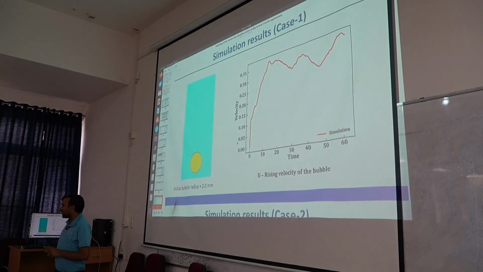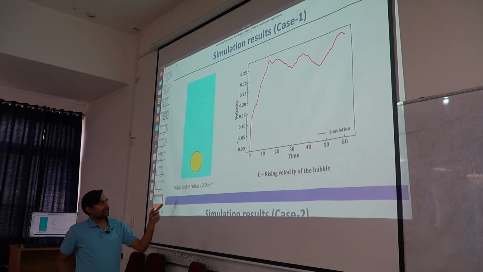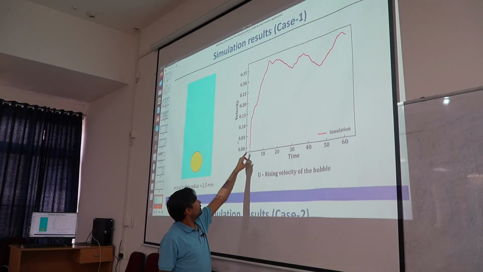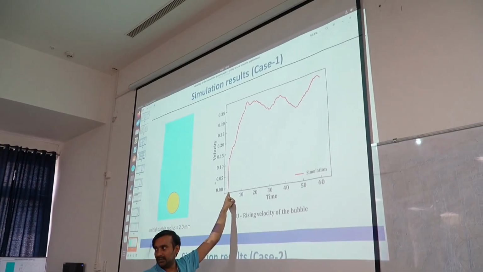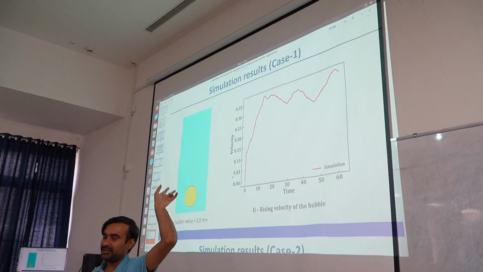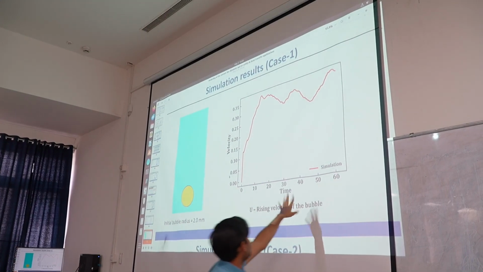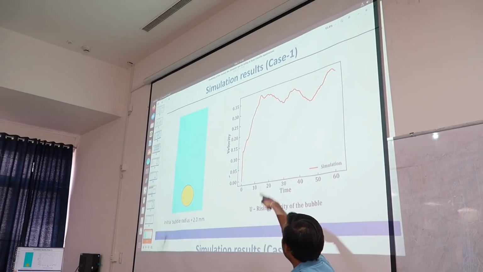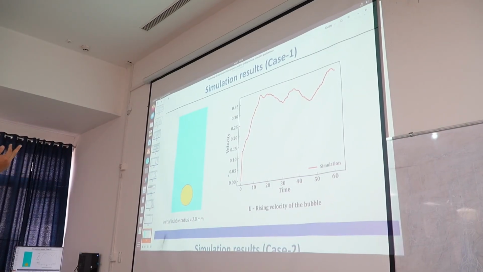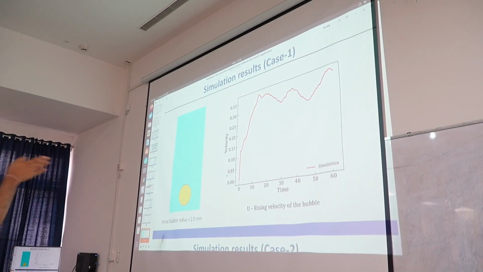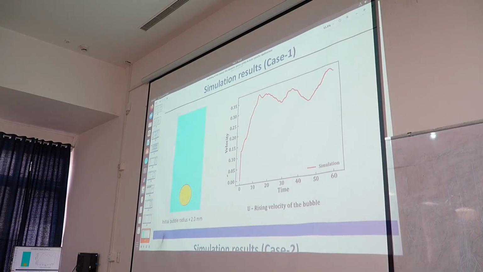Here you can see what I have done: I have computed the average velocity of the bubble, and that average velocity is plotted as a function of time. Initially there is an acceleration phase. After that, the bubble has got some value of velocity, but it is not very uniform, it is slightly oscillating.